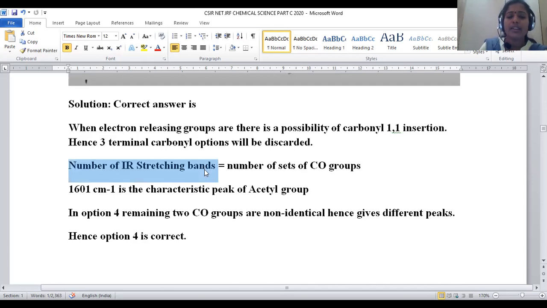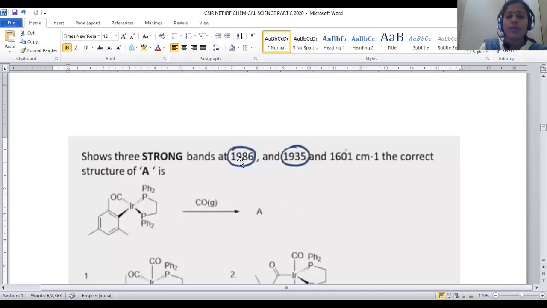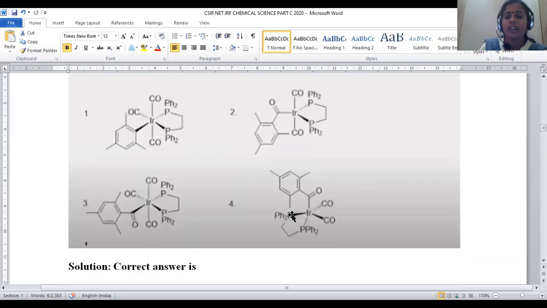Then the number of IR stretching bands indicates the number of sets of carbonyl groups present in the compound. How many bands are there? 1986, 1935, 1601, not 1. So there is a possibility of 3 carbonyl groups within the molecule. How many compounds have 3 carbonyl groups? Here we have 3, but benzoyl is missing. So option 1 is wrong again, wrong already. In option 2, we have C=O, CO, CO. So 3 carbonyl groups are there, so we can suspect this one.